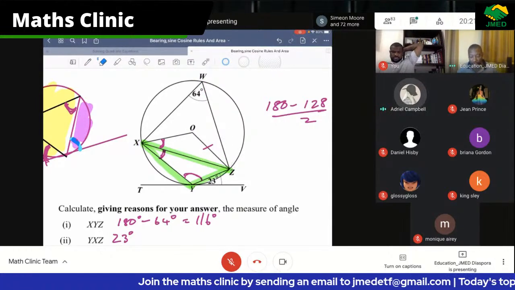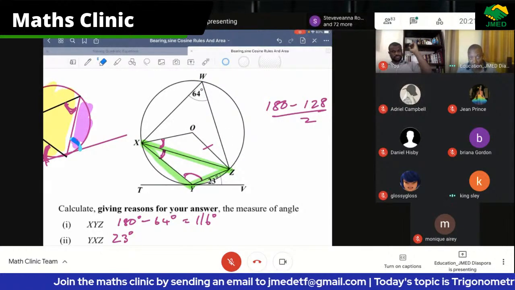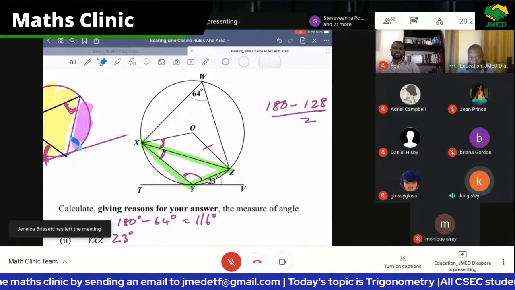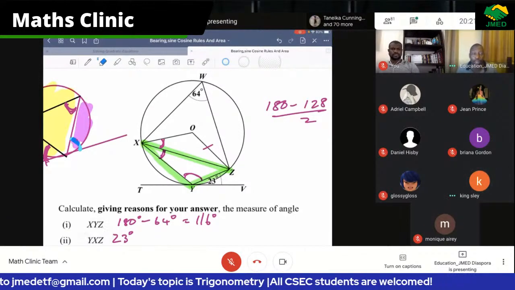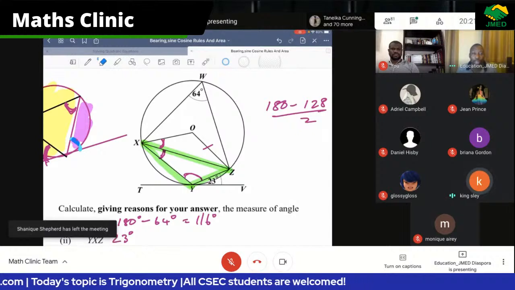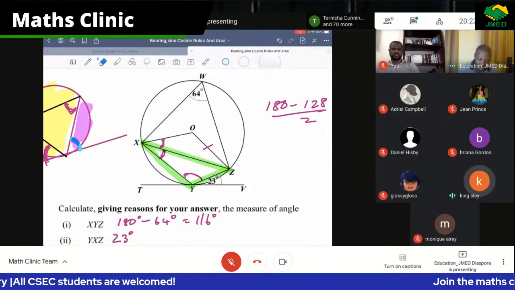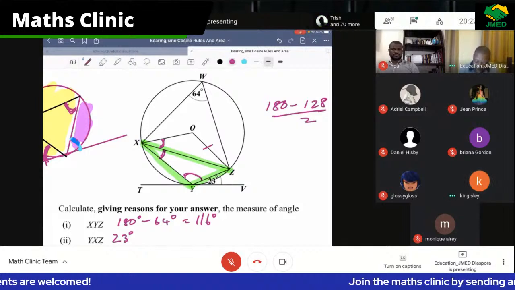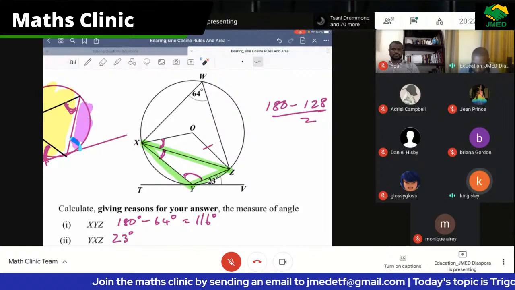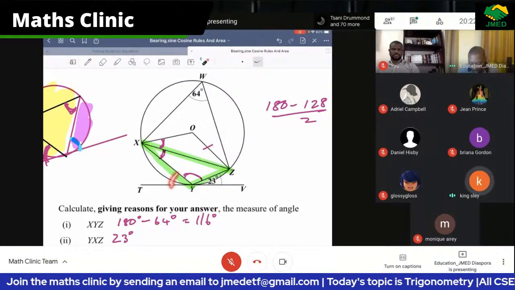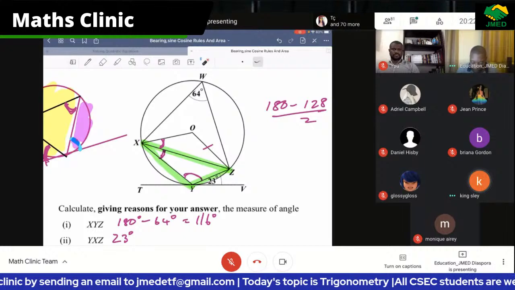So, sir, that means that the other angle would be 41, not true? Which one? The one in the other segment. Since over the other side would be 41, that means the other one in this segment would be 41, right? But how do you know that?